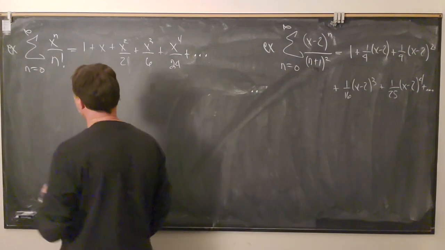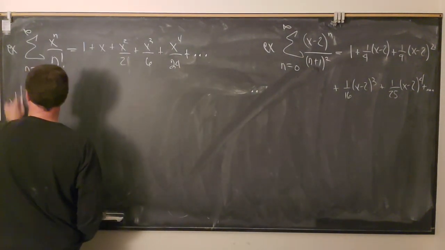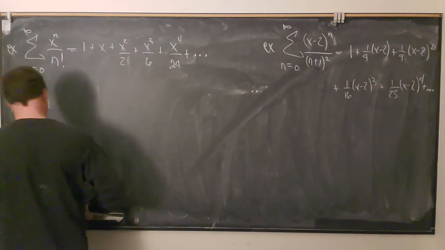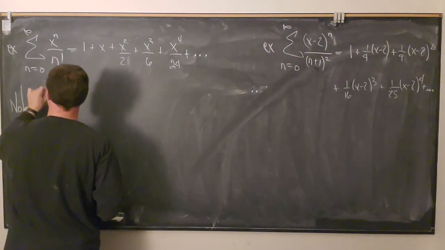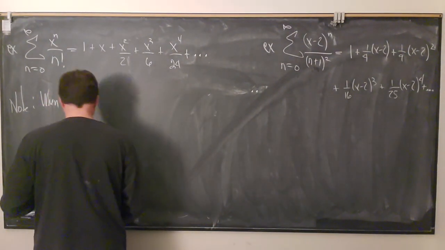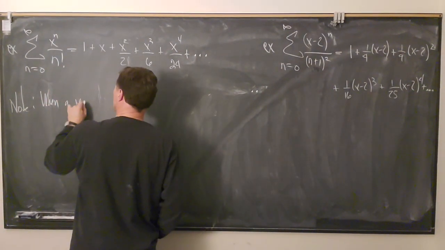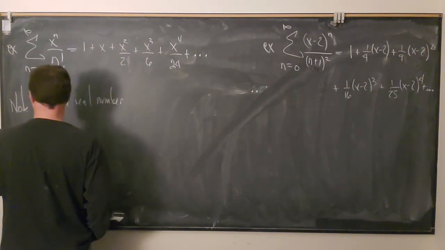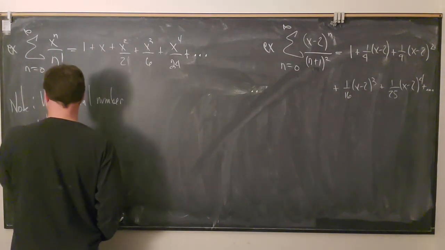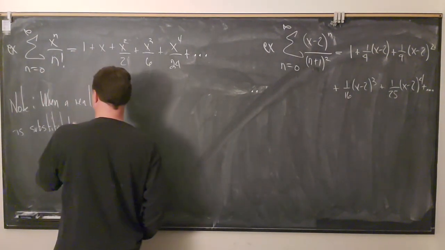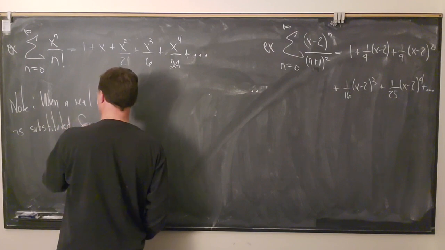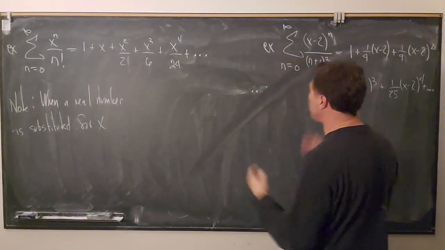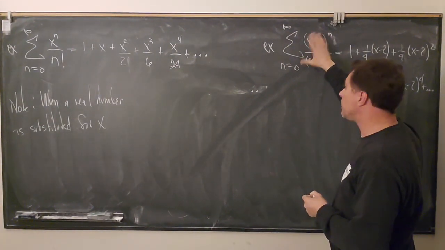Now, one thing to notice, we'll say note, when a real number, an actual number, is substituted in place of x, so substitute for x, what do we get? So for example, what if I just happen to plug in 3 for x into this example right here?